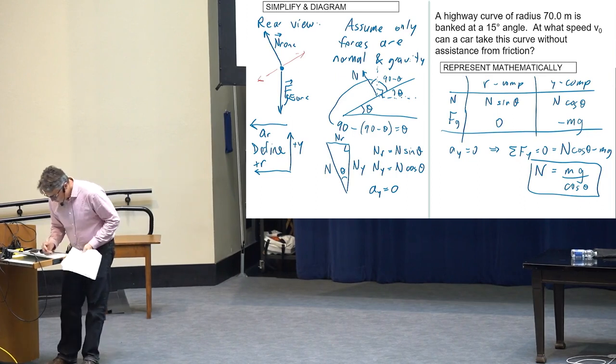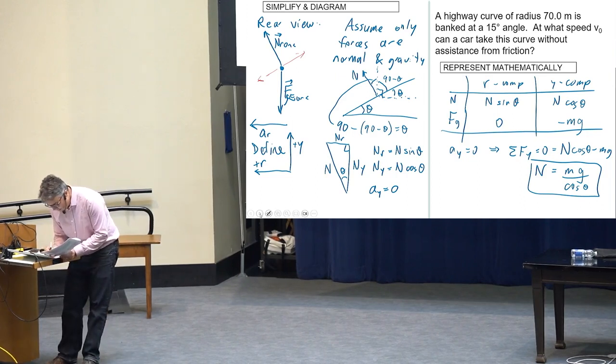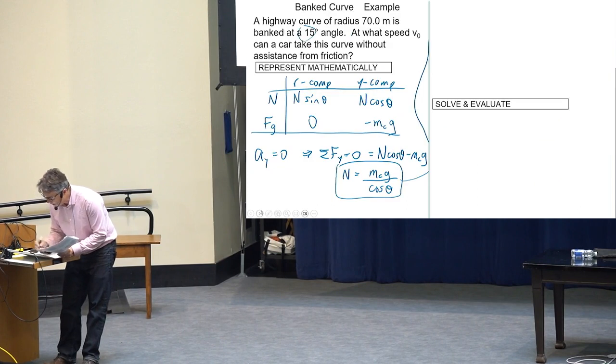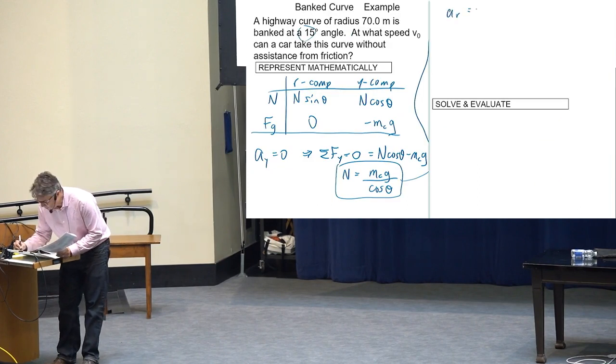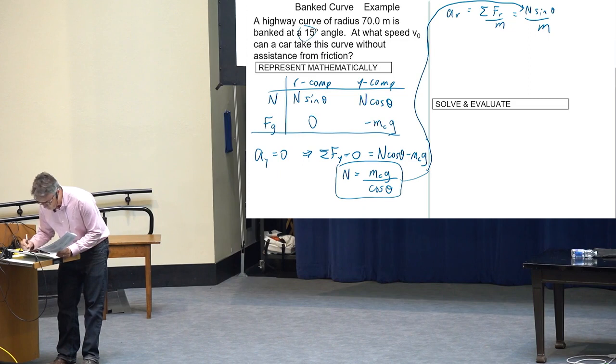And then in the r direction, a sub r is equal to the sum of all the forces in the r direction divided by the mass of the car. So it's going to be n sine theta. I think that's the only contribution there, divided by the mass. And we can take n from what we just computed, and we get mg over cos theta times sine theta on the top, and there's another m on the bottom.